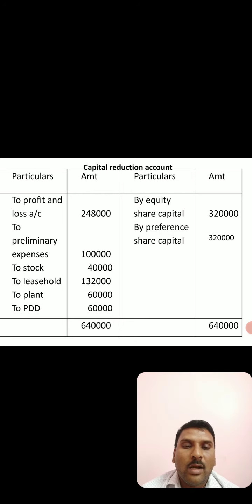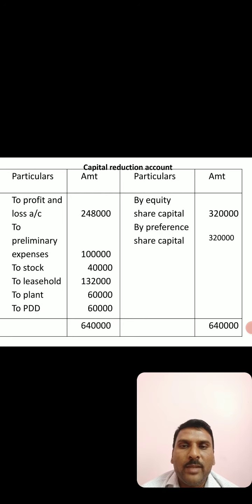But after the reconstruction, the equity shareholders are sacrificing rupees 20 per share, means 16,000 shares at rupees 20 means 3,20,000, and preference shares 16,000 shares at rupees 20 per share means 3,20,000. So totally we are getting 6,40,000 as total capital reduction amount. Now such amount is utilized to write off all the losses.